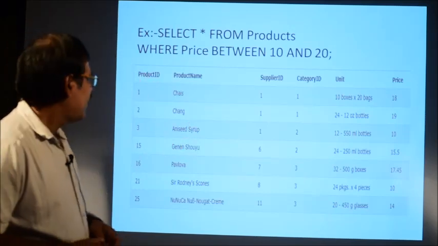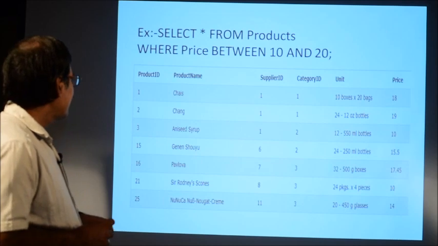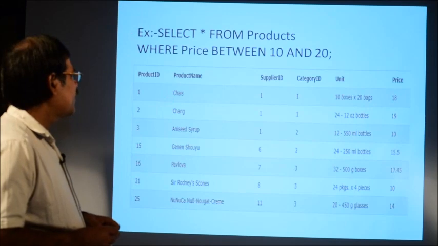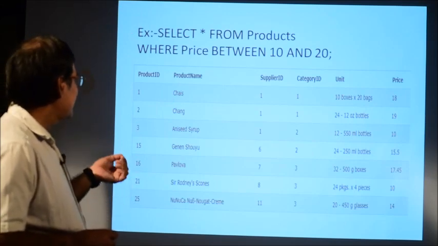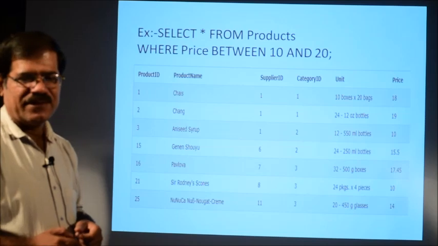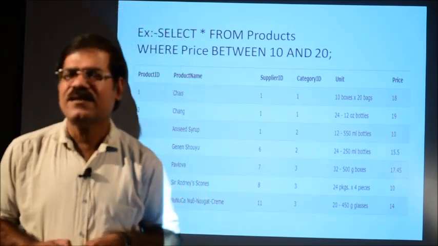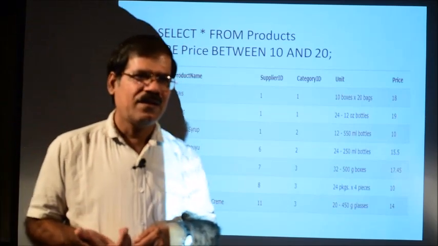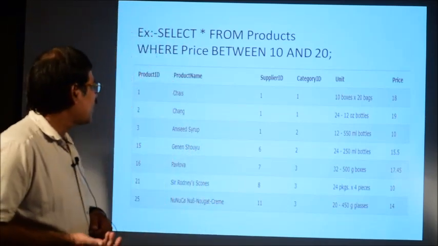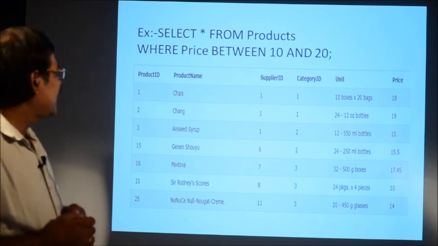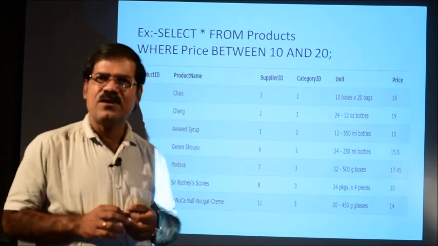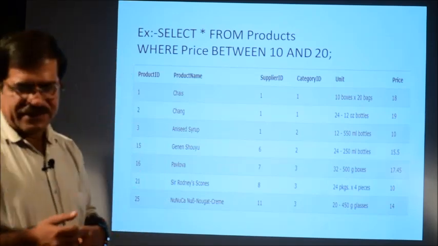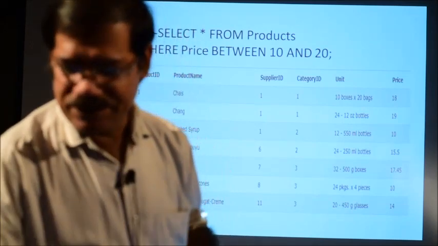Or if you want to display product name as well as supplier ID whose price is in this range, you write product name comma supplier ID instead of star. So according to your choice you write the statement, either star or a single column, maybe product name, or if your requirement is product name and supplier ID, you write select product name, supplier ID from product table where condition. If all are required you write star, according to your requirements.